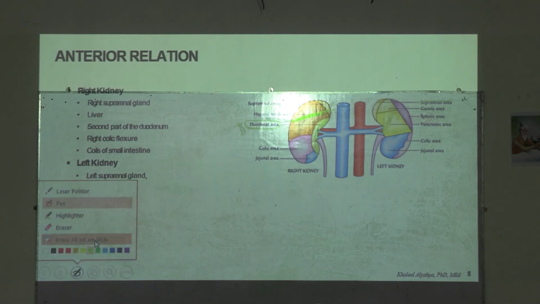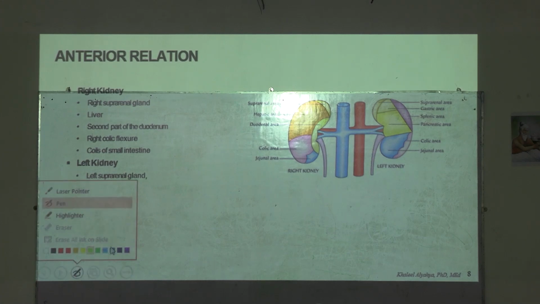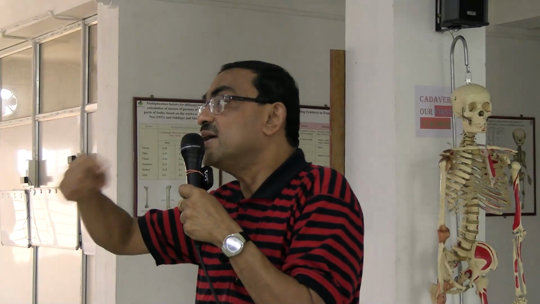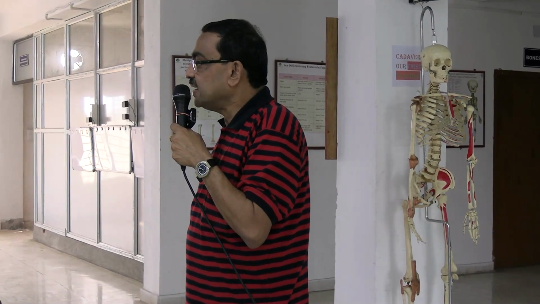That area is related to the renal impression in the inferior surface of the liver. So that inferior surface of the liver comes in relation to that area, the anterior surface of the right kidney.